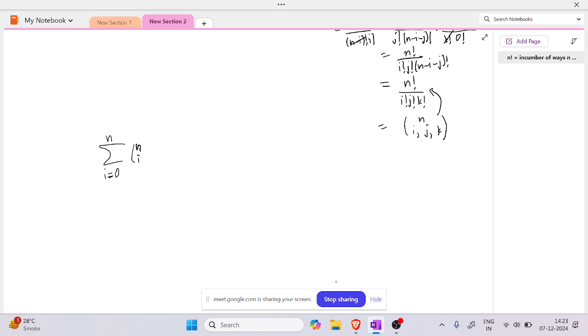Okay. So basically the usage of binomial theorem is that you can evaluate stuff like this. Let's say the sum from i equals 0 to n.